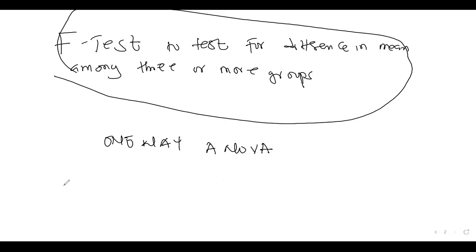However, the computed F, the one you are going to compute on your own to compare to the critical F, the formula is mean squared between divided by mean squared within. So let's note it.